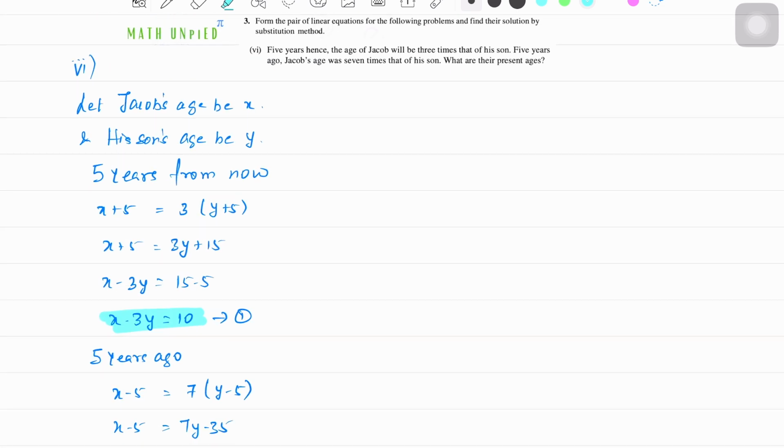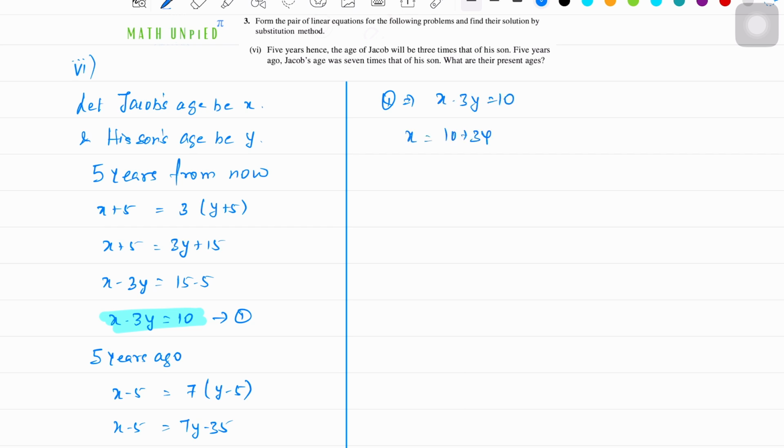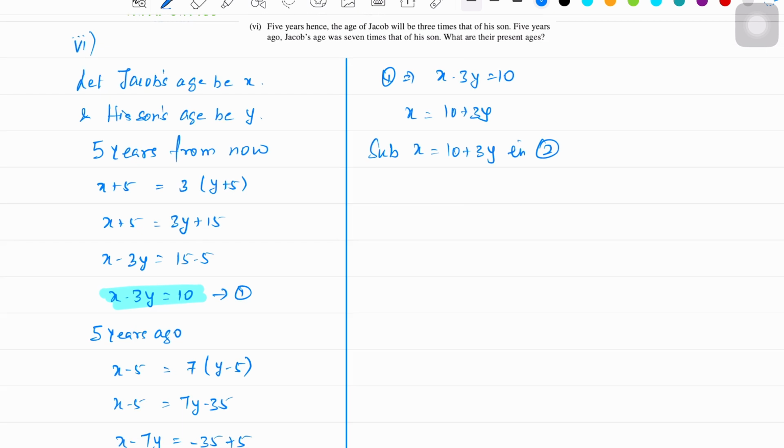So let's take equation 1. Equation 1 is x minus 3y equals 10, or x equals 10 plus 3y. We'll substitute x equals 10 plus 3y in equation 2. So that will be 10 plus 3y minus 7 times y equals negative 30, or negative 4y equals negative 30 minus 10.